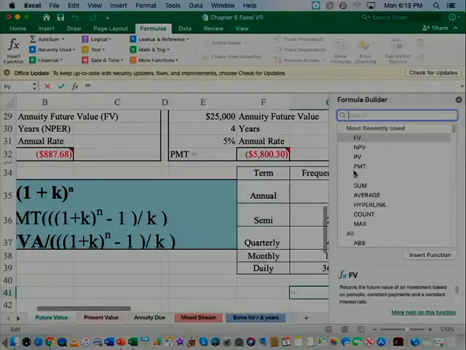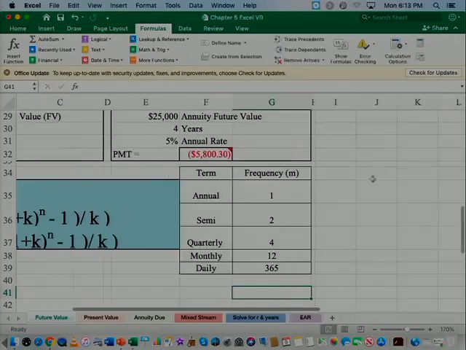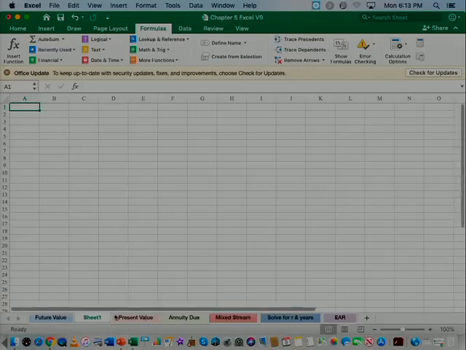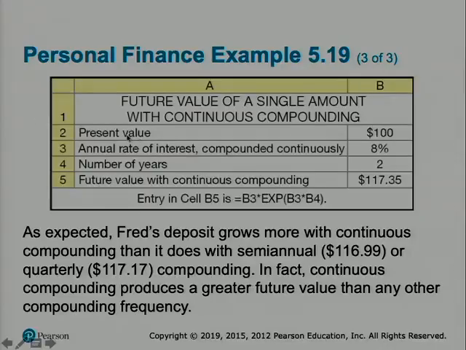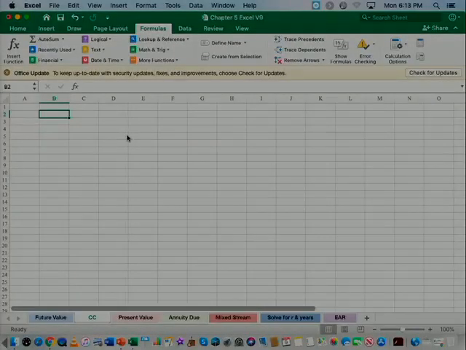We're going to create a new page here. Let me show you how. Hit this plus button. It'll create a new sheet, and we'll call it CC for continuous compounding. And then what we'll do is this problem: present value is 100.